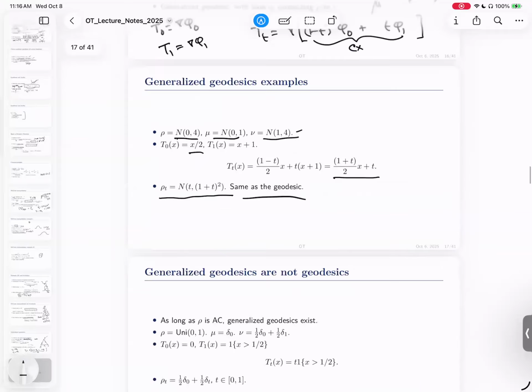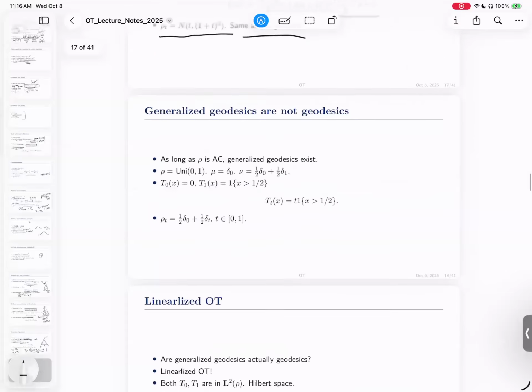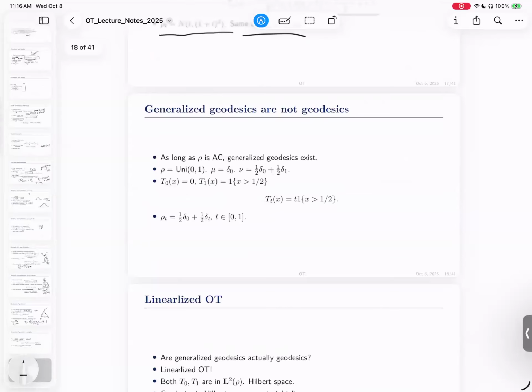Okay. So in my next example here, I'll show that the generalized geodesics need not be actual geodesics. As long as rho is absolutely continuous, my generalized geodesic always exists because Brenier's theorem holds, and therefore I get my T0 and T1. So here I take a very common choice for the base rho to be uniform 0, 1.